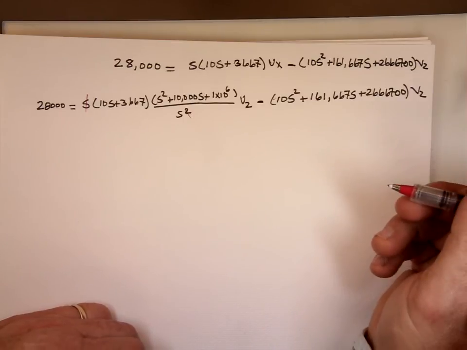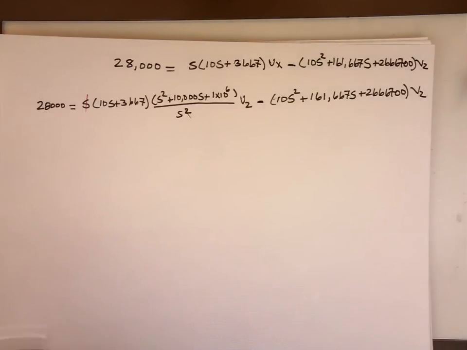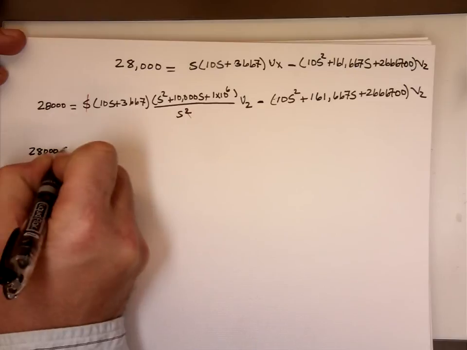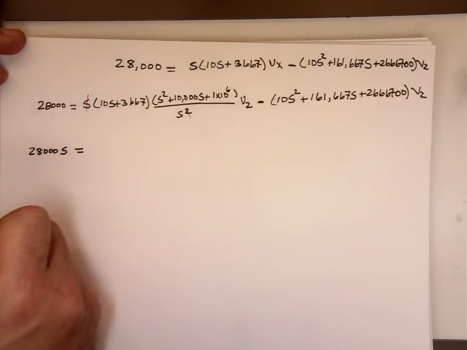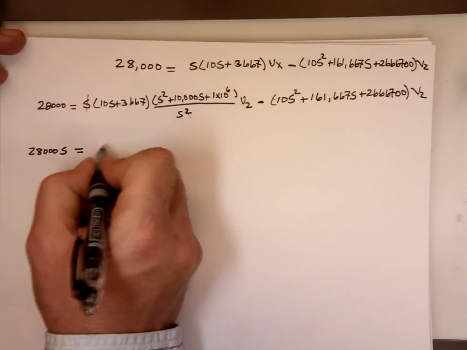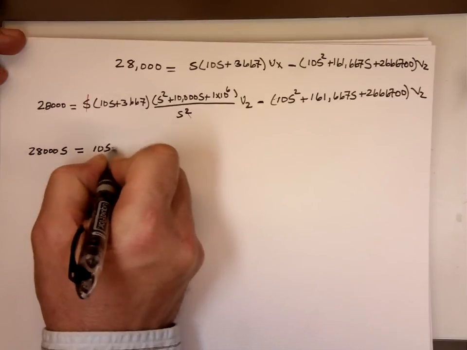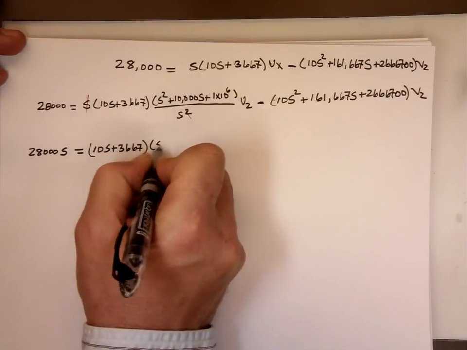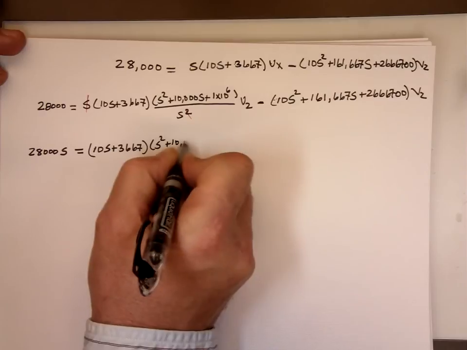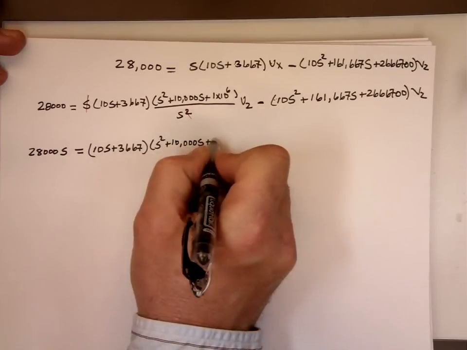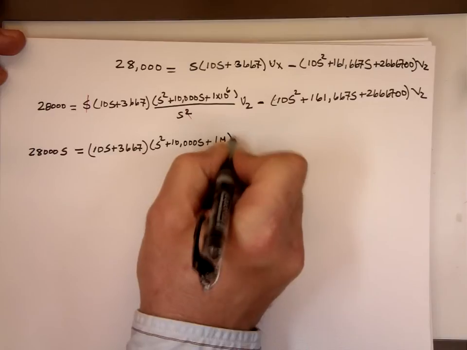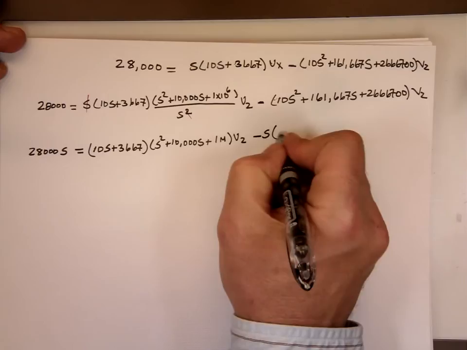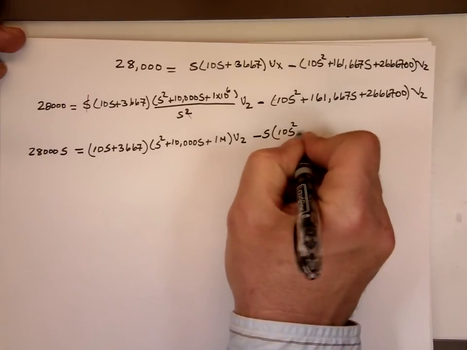Multiply by s. I will have 10s plus 3667 times s squared plus 10,000s plus 1 million V2, minus, I'm going to have an s here because next to s I'm multiplying by s, 10s squared plus 161,665.